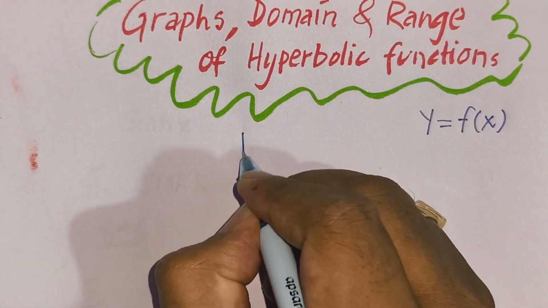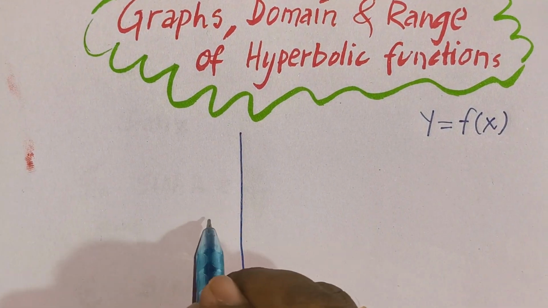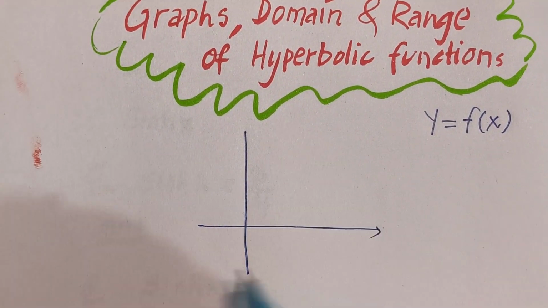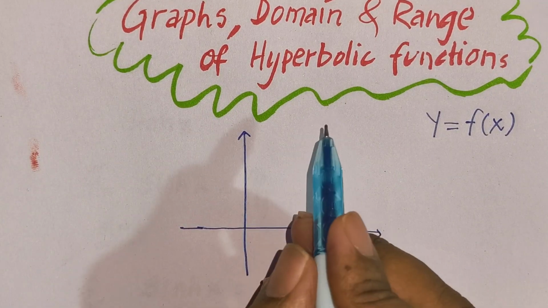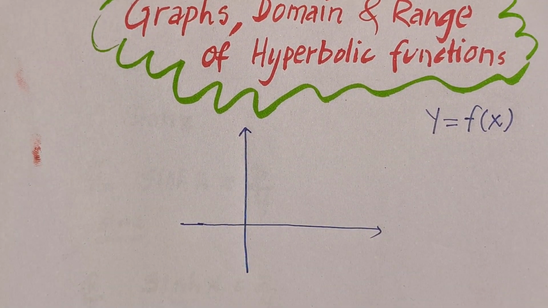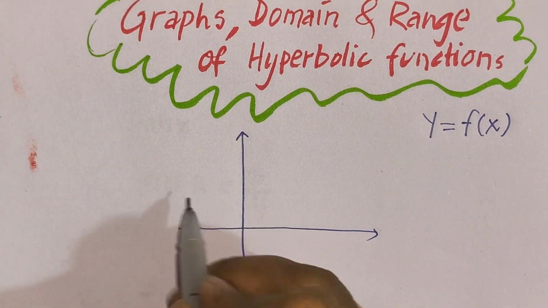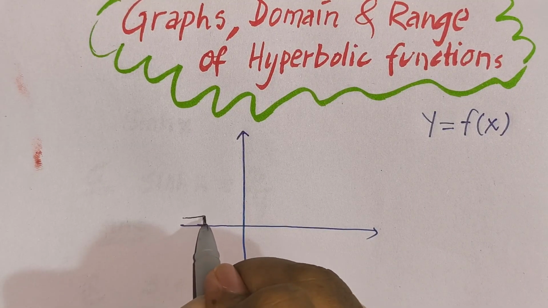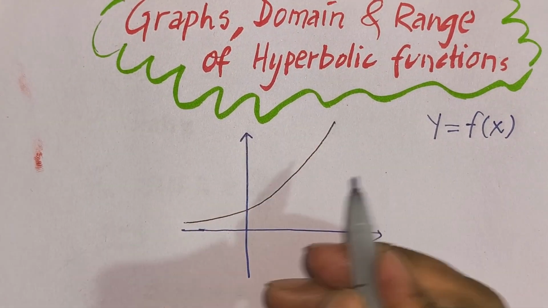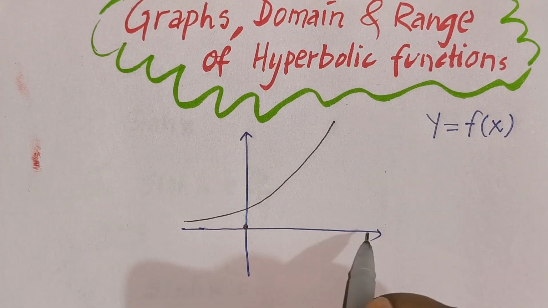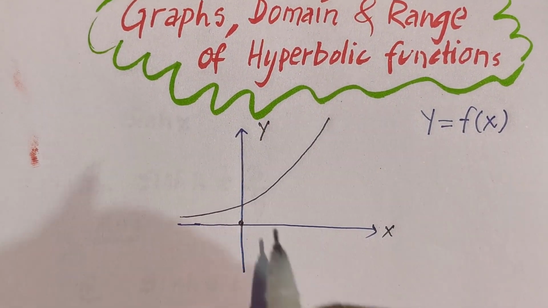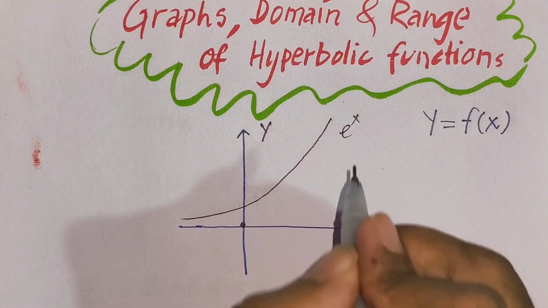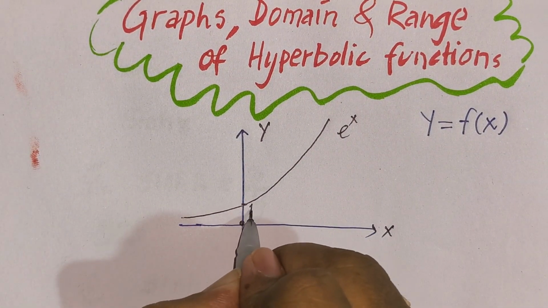Say this is our y-axis, this is our x-axis. First we should know how to plot the exponential e to the power x. That function looks like this. When x is 0, we have e to the power 0 equals 1, so this height is 1.